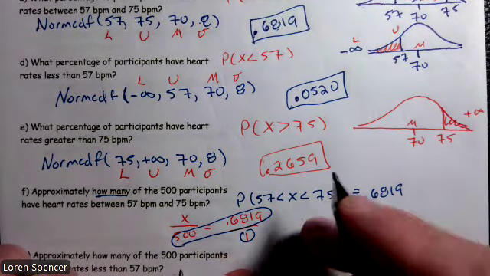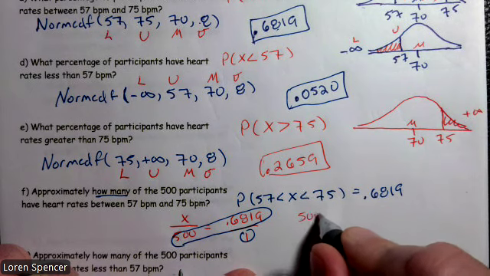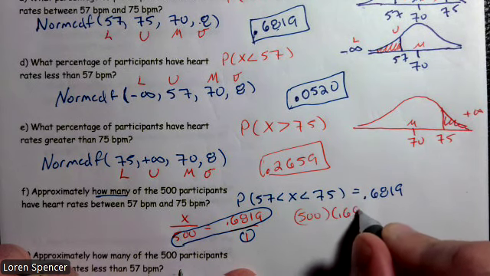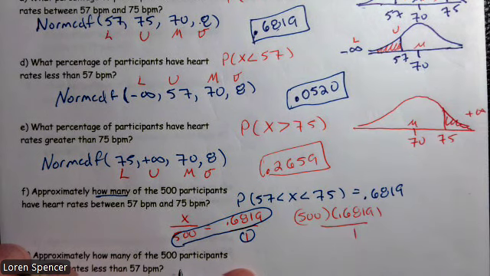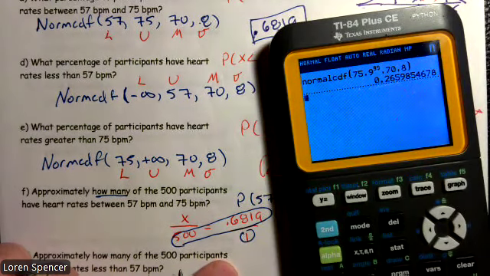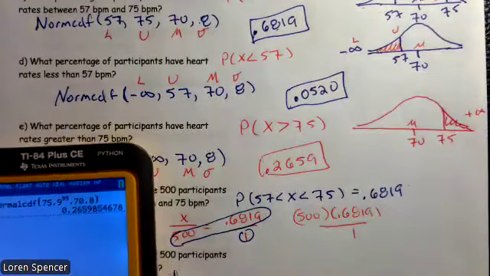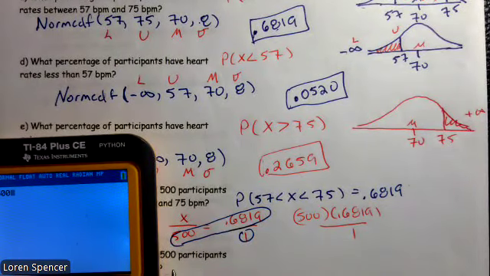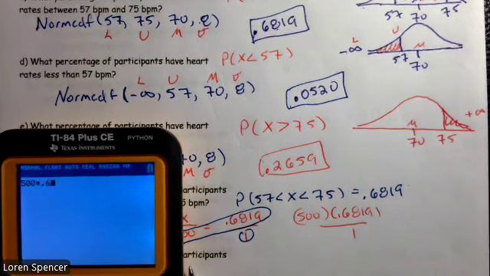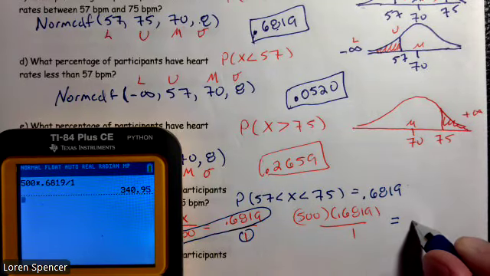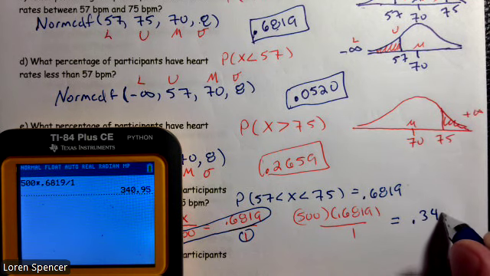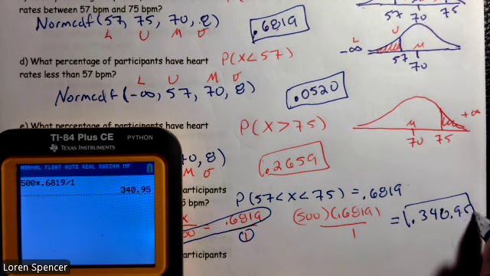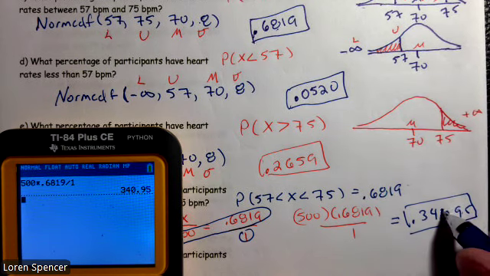So that's going to give me 500 times 0.6819 over 1. 500 times 0.6819 divided by 1, and I get about 341, equals 340.95. So we'd expect about 340.9.